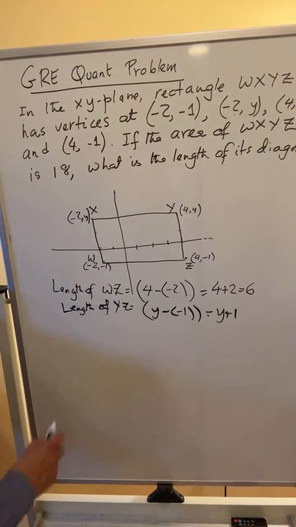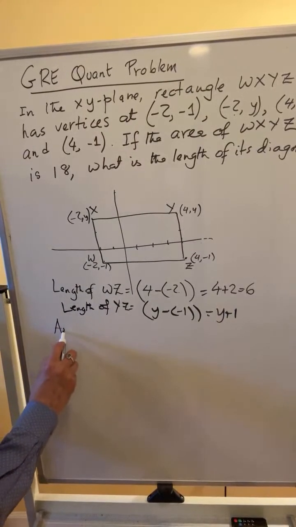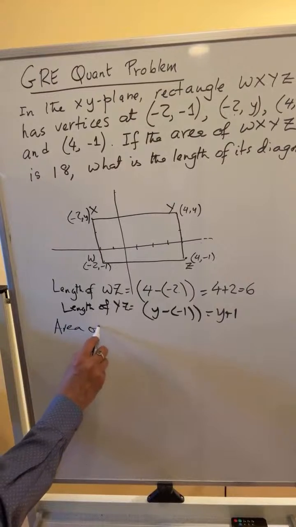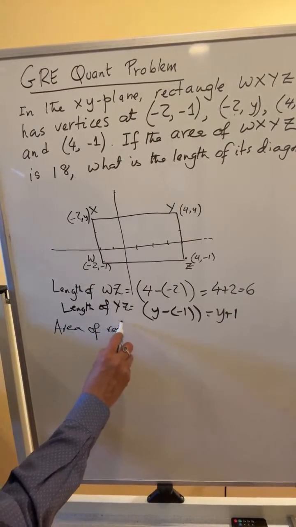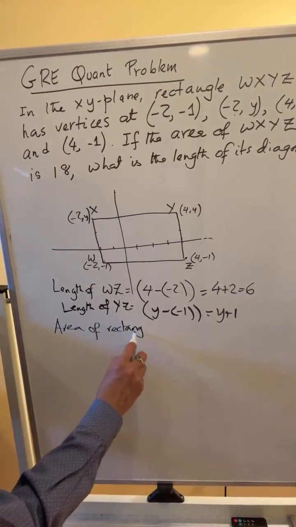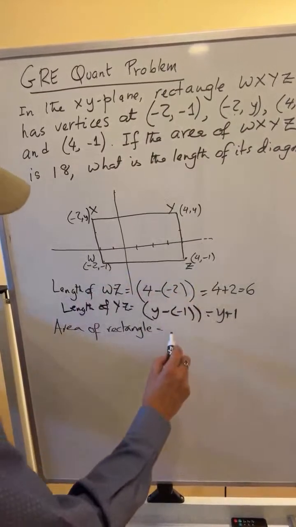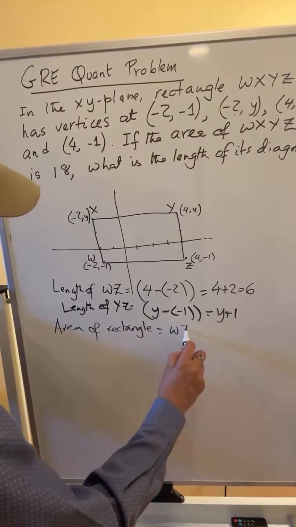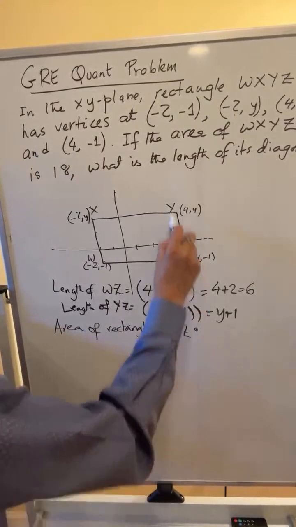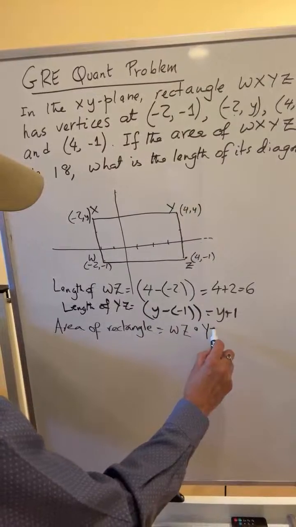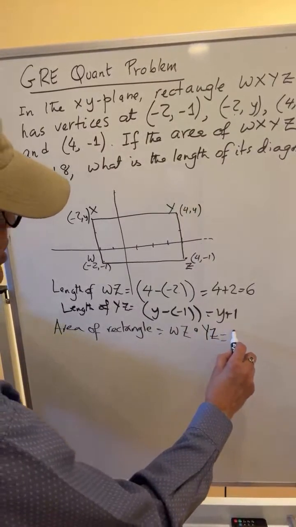Okay. So area of the rectangle is WZ, length, multiplied by width, which is YZ, and that is 6.